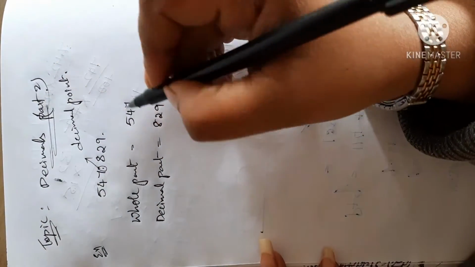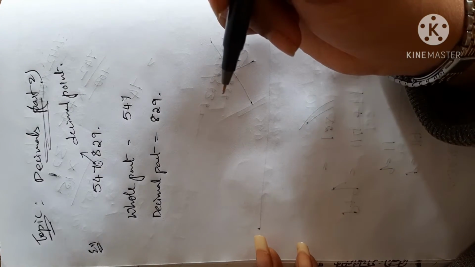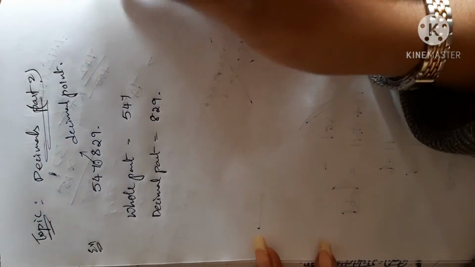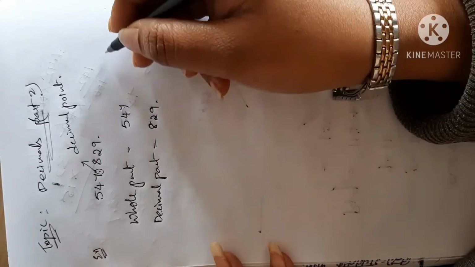You need to concentrate on what I am explaining so that you can solve the given example problems. Now, we know the whole part is 547. How do we expand this?